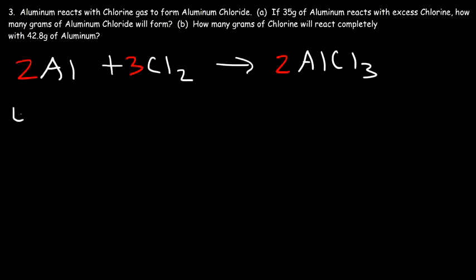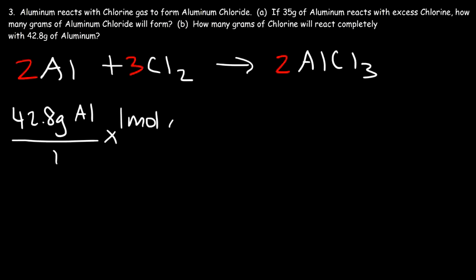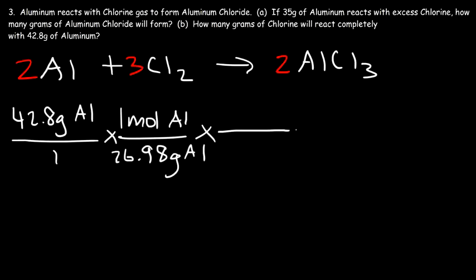So let's start with 42.8 grams of aluminum. And let's convert it to moles using the same atomic mass, which is 26.98. Now let's use the molar ratio to change it from aluminum to Cl2. So it's 2 to 3.